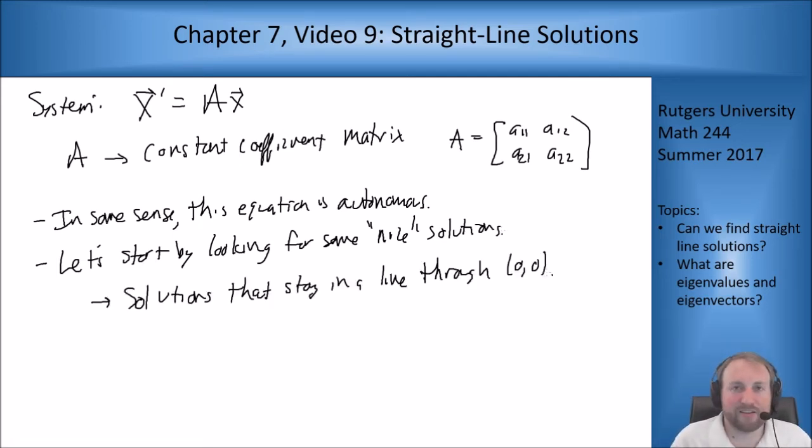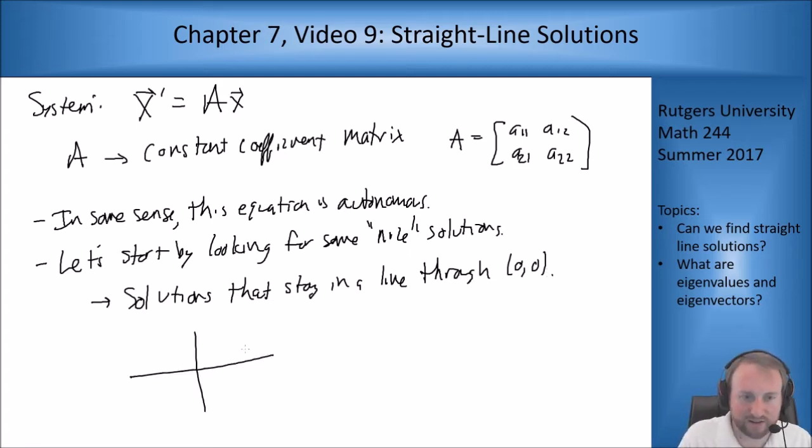Now, if my solution is going to move only in a straight line through the origin, what has to happen? Well, wherever it starts, let's say it starts here, if it's only going to move along this line through the origin, its derivative has to be in the same direction or opposite direction of the point where it starts.